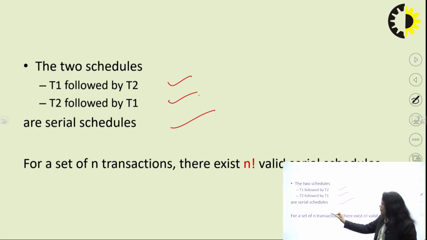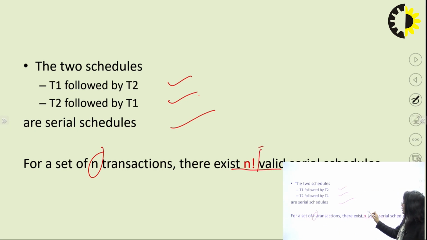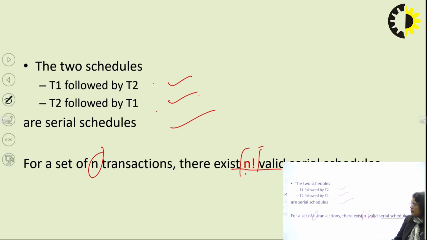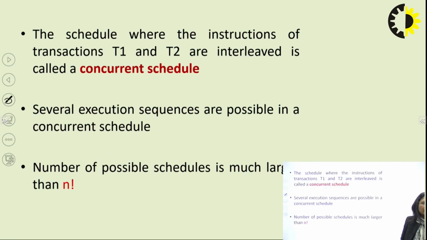If we have n transactions, there exist n factorial valid serial schedules. As there are two transactions here, there are two serial schedules. A schedule where the instructions of transactions T1 and T2 are interleaved is called a concurrent schedule, as I told you.